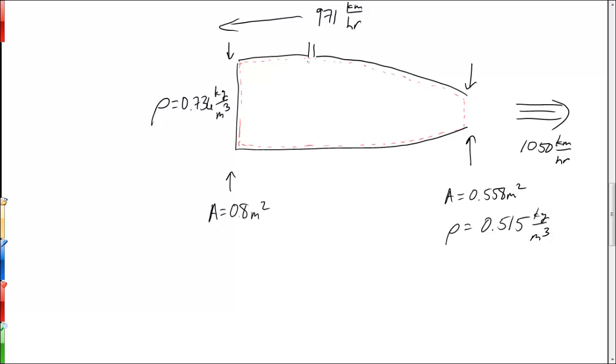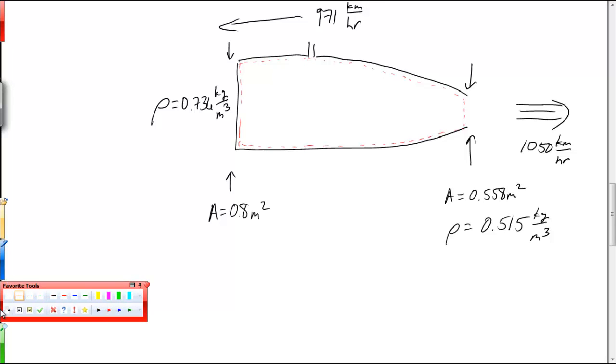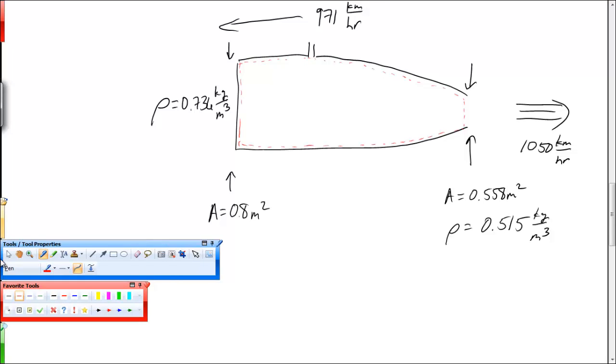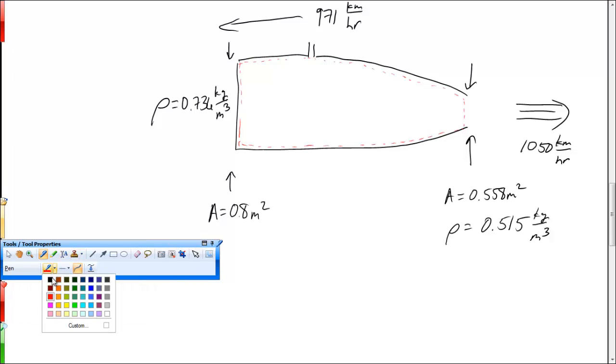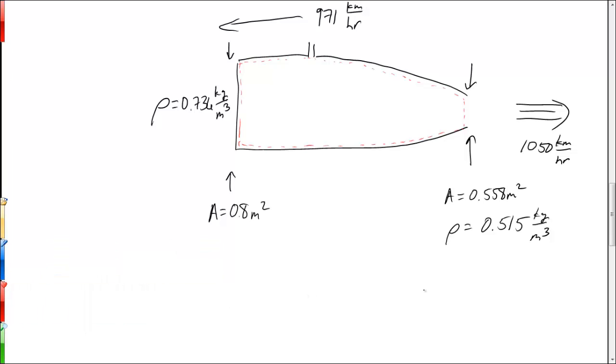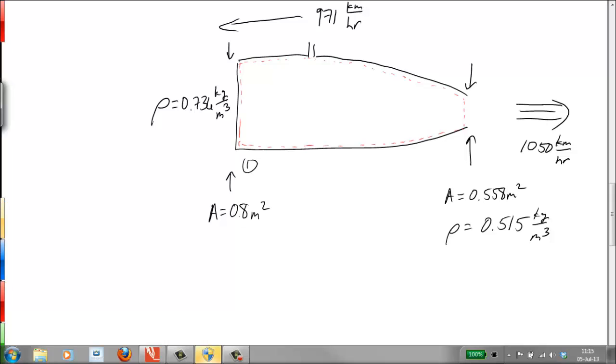Now, next we need to determine what our relative velocities are. And to do that, we identify what we have for each of the inlet and outlet velocities. So looking at the inlet first, I'm going to put a 1 here so that we can keep track of things.